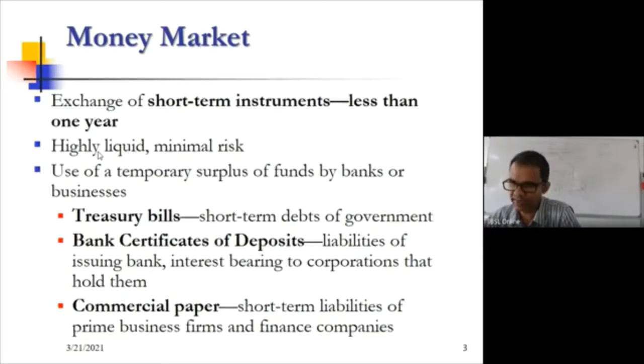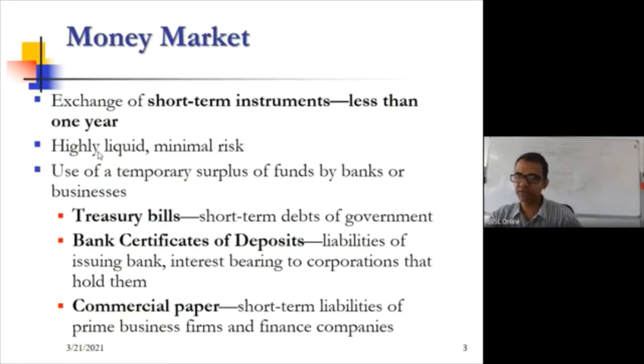And the bank certificates of deposit issued by banks, that is also to raise funds for a shorter period by banks. Commercial papers, which are equivalent to Treasury bills but issued by corporates, are used to fund their short-term requirements. That's the difference between a Treasury bill and a commercial paper, only the issuer.